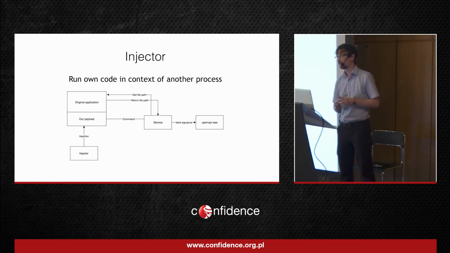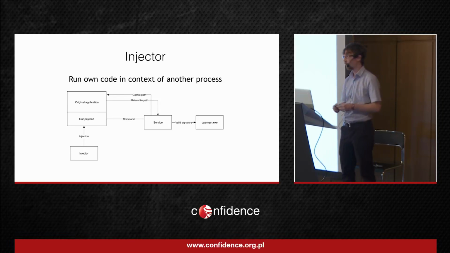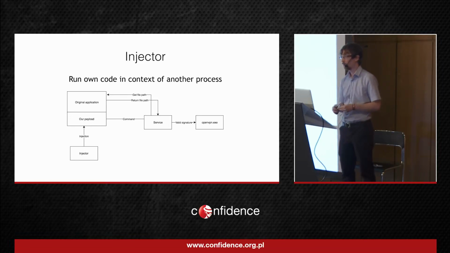Let's think about some malicious software. This software wants to communicate with the internet. Nowadays we have firewalls, so when a new process tries to communicate with the internet for the first time, we see a dialog box. Of course, malicious software doesn't want to show this dialog box. So it injects its own code inside, for example, Internet Explorer.